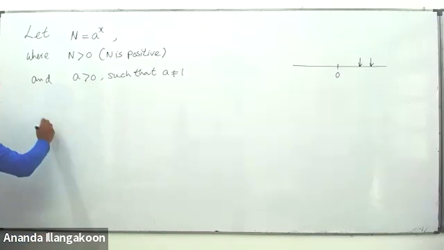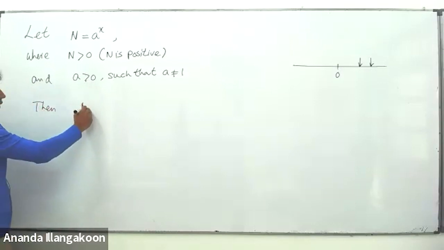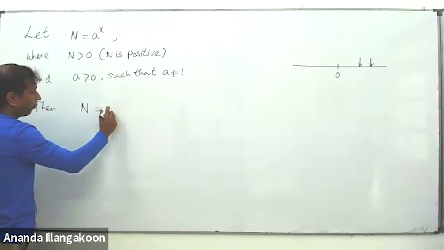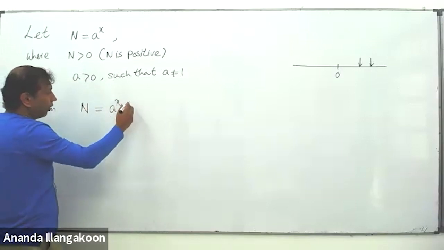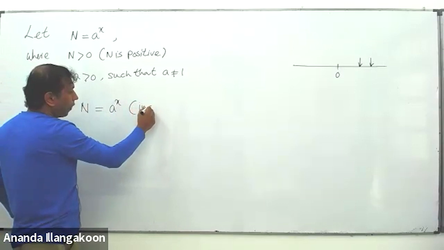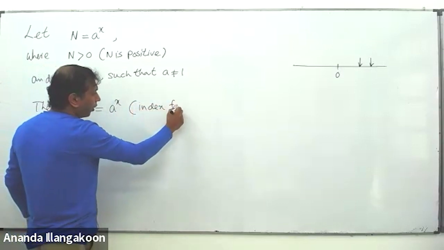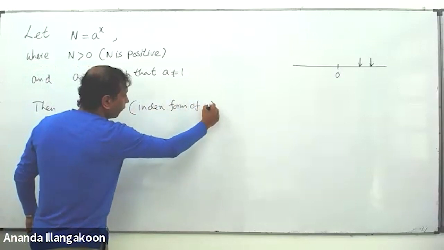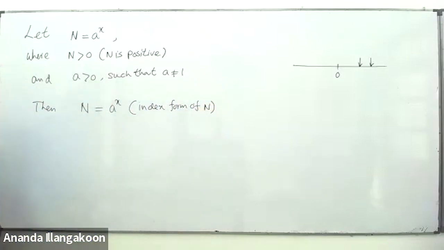Then, people, N equals a to the power x is called what? The index form of N. Then we convert this to logarithmic form.